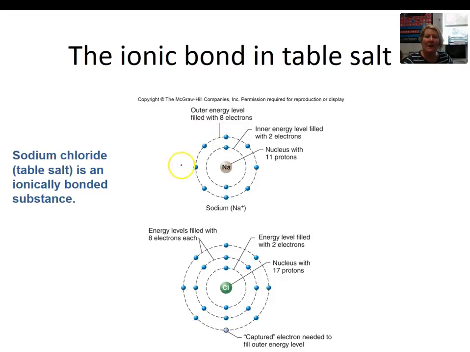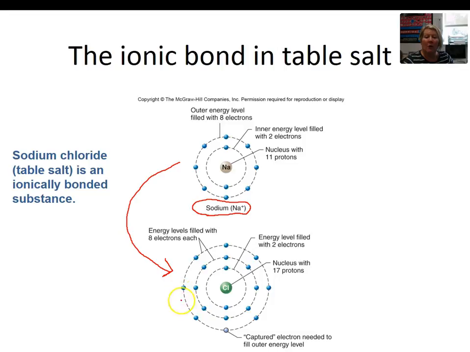That is because there was one more shell, which had 1 electron in it, and it gave that electron to chlorine. So sodium lost an electron and therefore became a positive 1 ion.